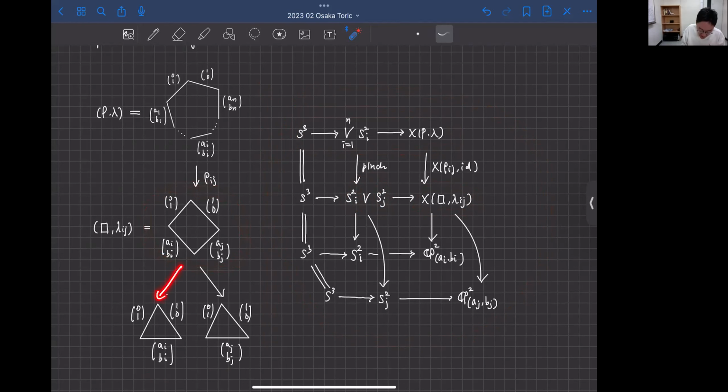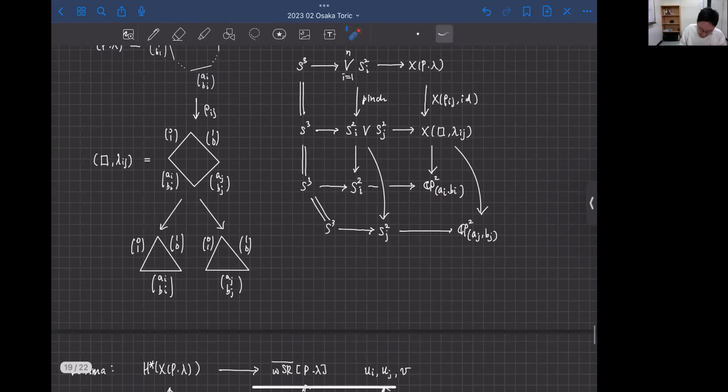And then this direction gives me another two cofibration structures coming from these, by just pinching S_j or pinching S^2 of i. Okay, so we have these two weighted projective spaces.